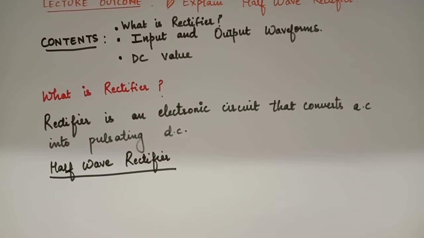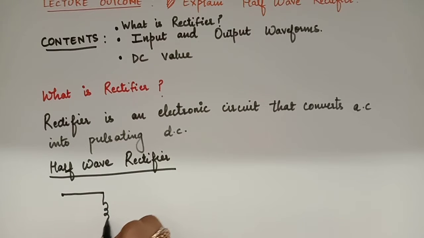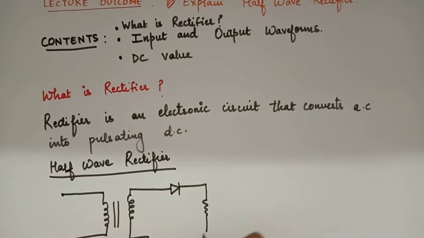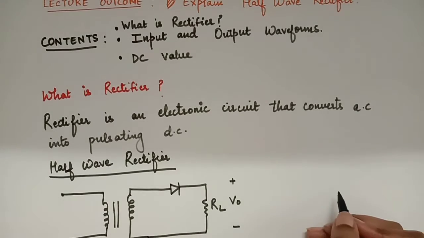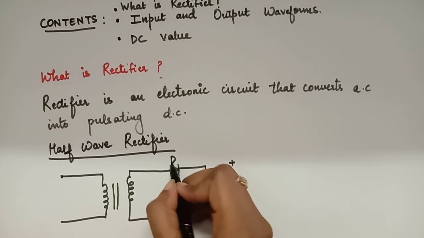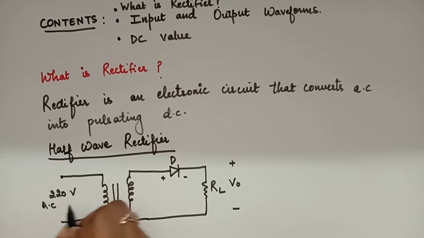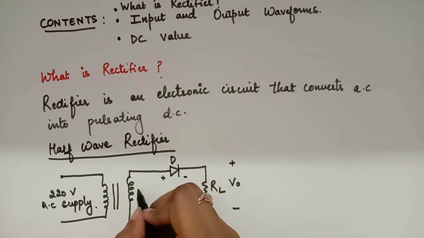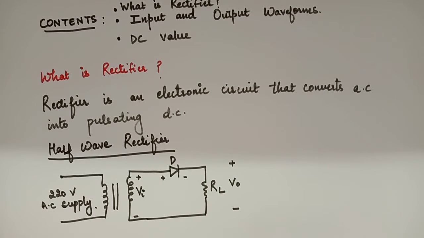Let us draw the circuit diagram for half wave rectifier first of all. We will first draw a transformer, and then this is RL across which we will calculate the output voltage V0, and this is a diode, and this is 220 volt AC supply, and from the transformer secondary we will have input voltage, that is Vi.